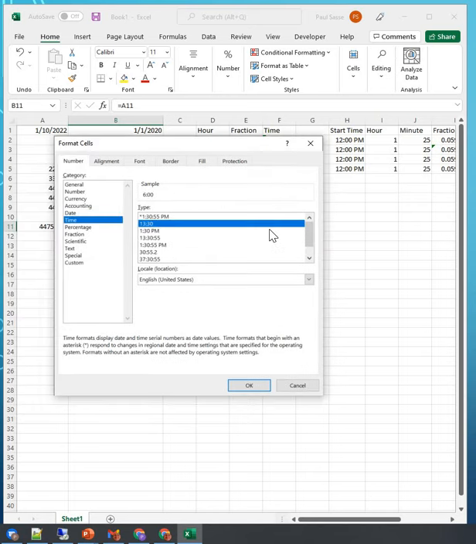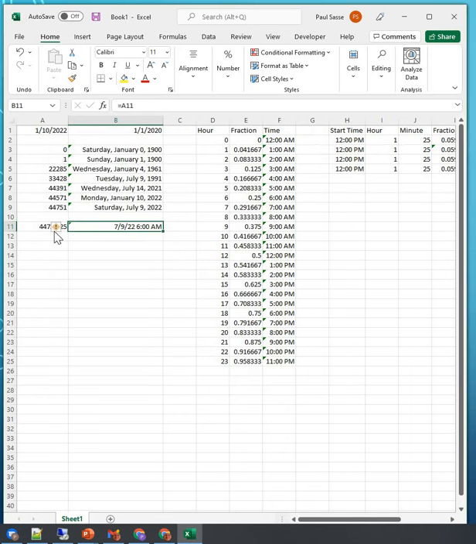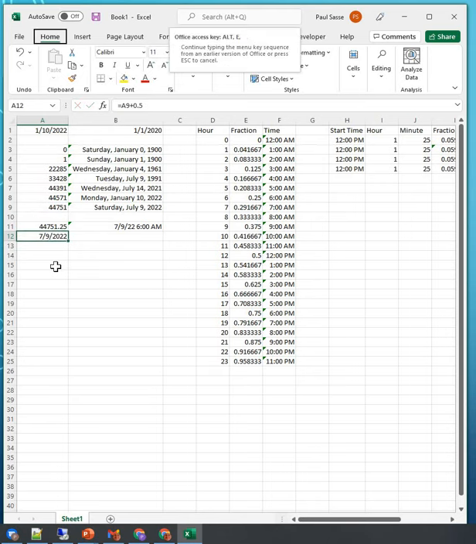Let's go here, and let's do this one. Okay, so that's today's date at 6 a.m. And if I wanted to do 0.5, equals this plus 0.5, there we go.